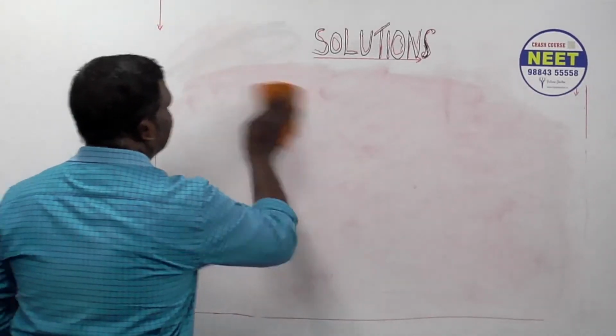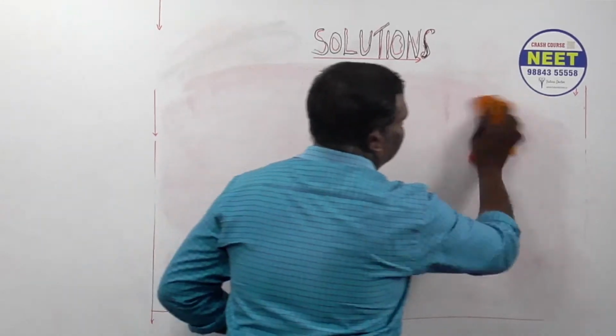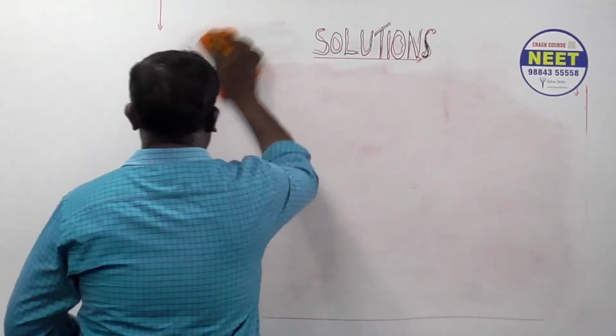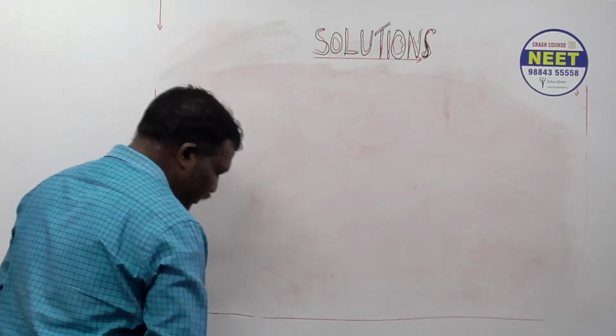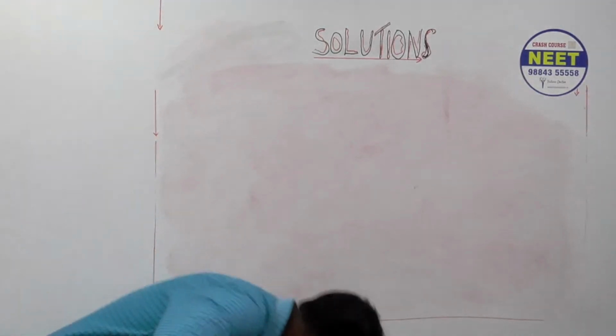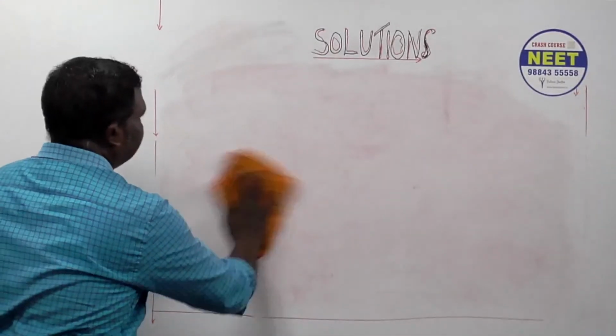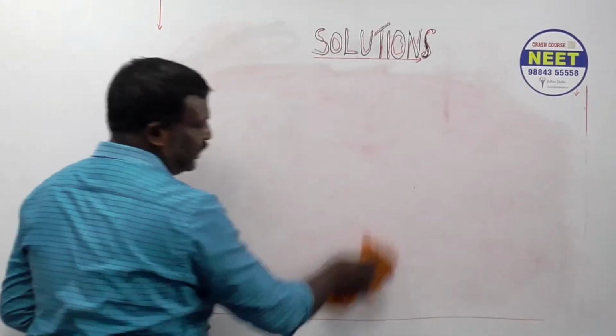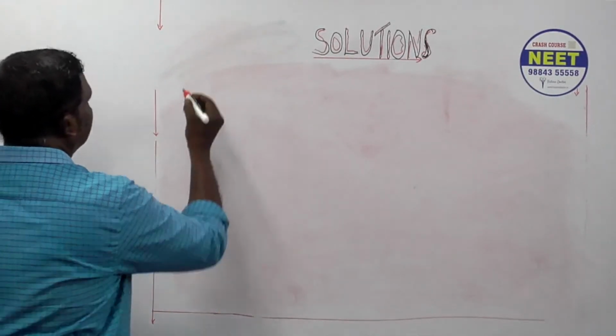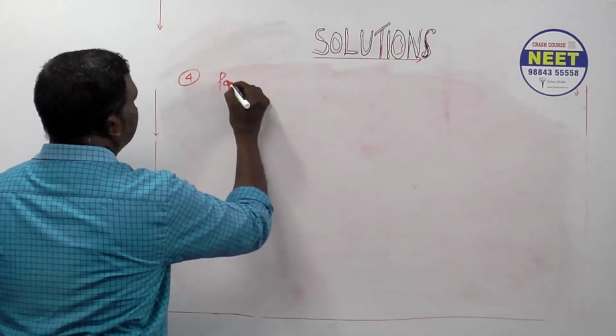Parts per million, ppm, just write. The fourth term is parts per million.